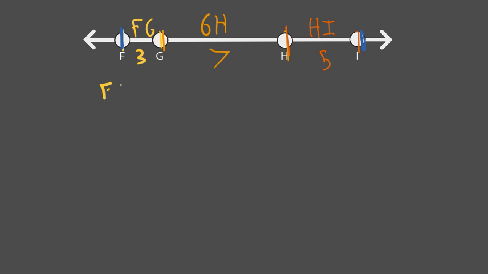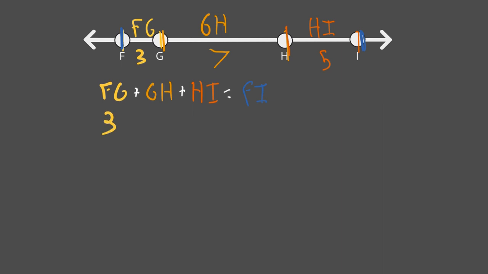We have FG plus GH plus HI equals FI. Let's replace all those letters with numbers.